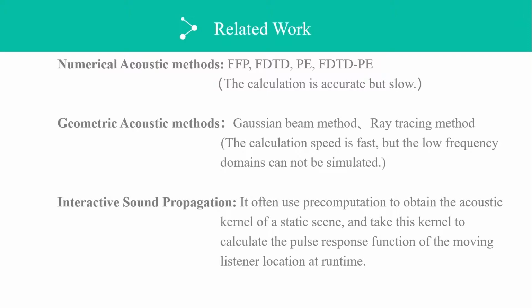In computer graphics, sound propagation simulation needs to be fast enough to interact in VR and games. However, in the field of acoustics, it is difficult to achieve interaction with the scene. Interactive sound propagation simulation often uses precomputation to obtain the acoustic kernel of a static scene, and takes this kernel to calculate the impulse response function of the moving source, direction, and runtime.